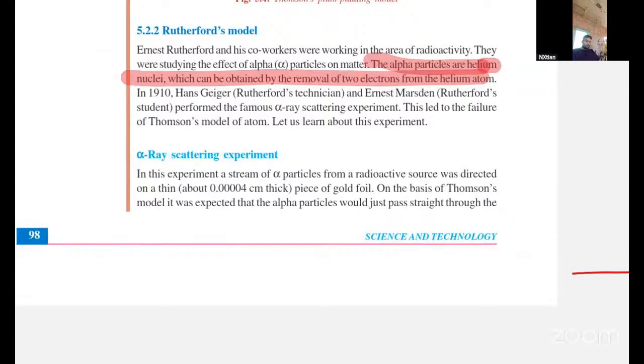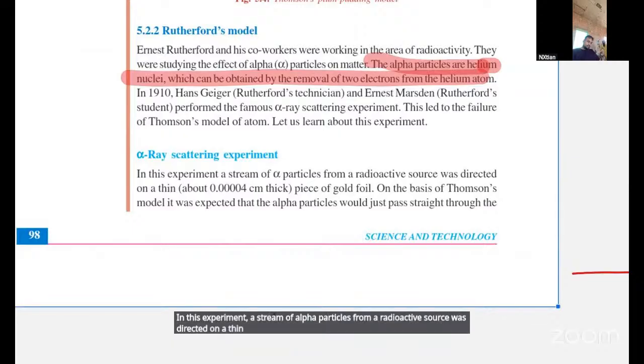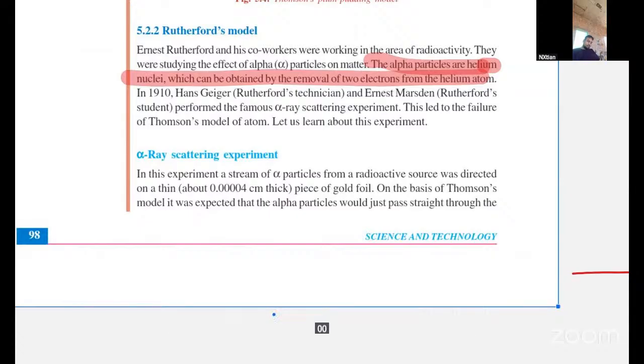In this experiment, a stream of alpha particles from a radioactive source was directed on a thin, about 0.00004 centimeter thick piece of gold foil.